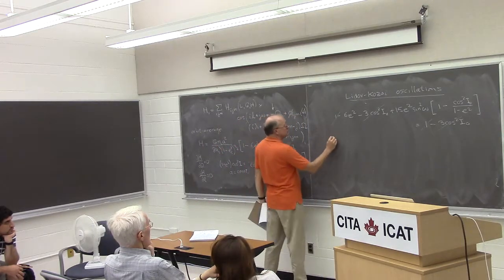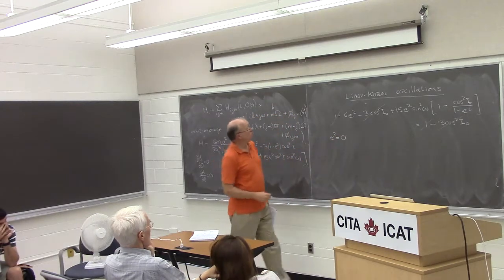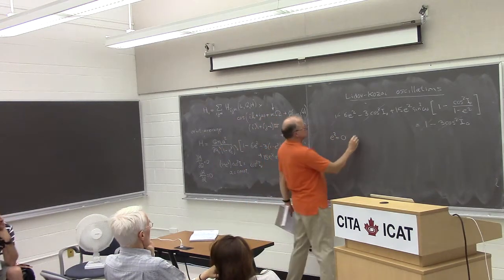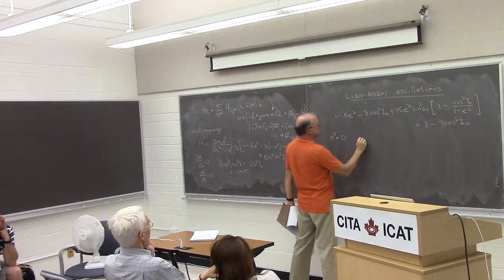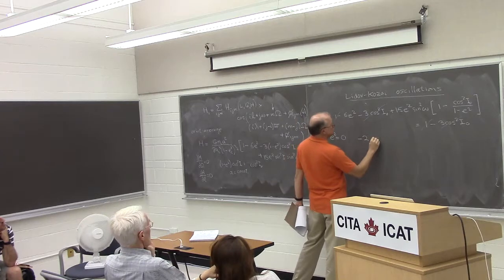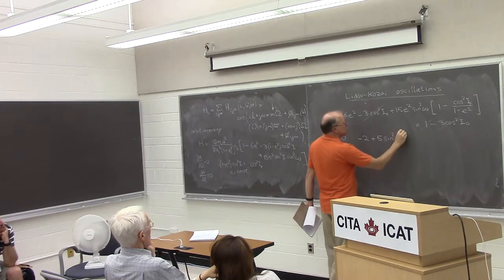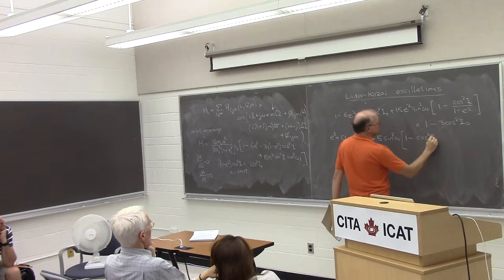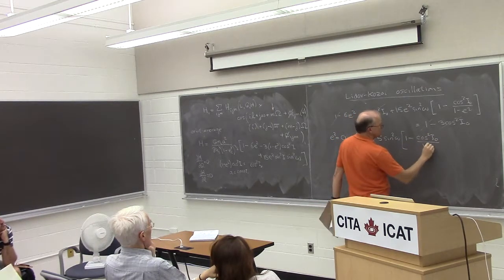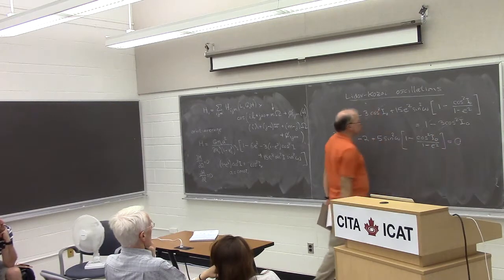So there are two possibilities. Either e² is 0, or, let's see, there's a common factor of 3 here: −2 plus 5 sin² ω (1 − cos² I0), and 1 − e² is 0.